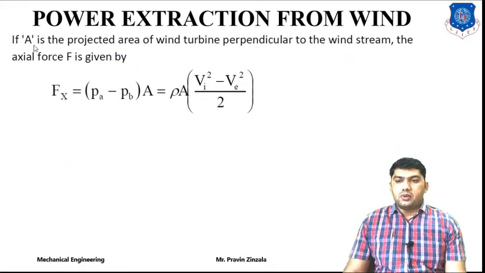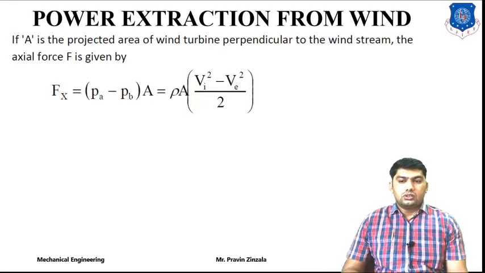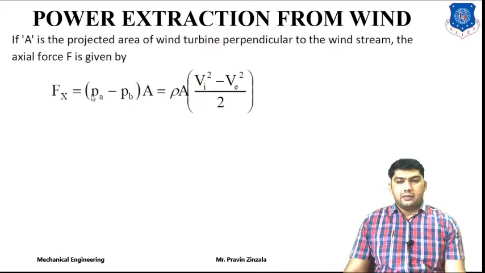Now we will discuss if A is the projected area of the wind turbine perpendicular to the wind stream, meaning we are taking the area perpendicular to the wind flow as A. So the force will be pressure into area, or the axial force we will consider as P into A. We have also derived the equation for the pressure difference, PA minus PB, into area.